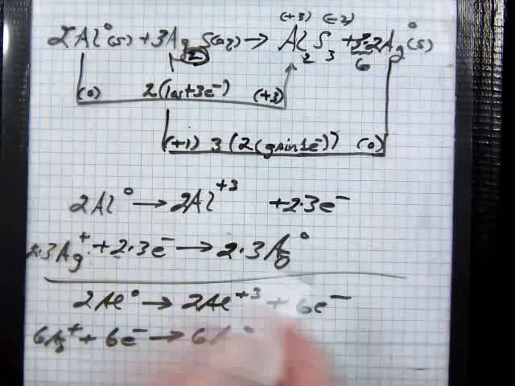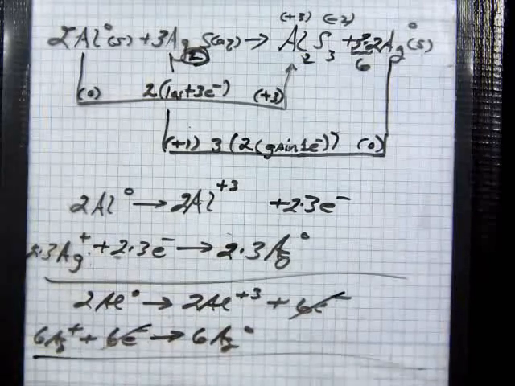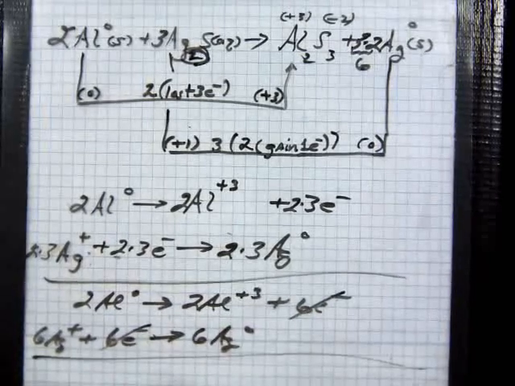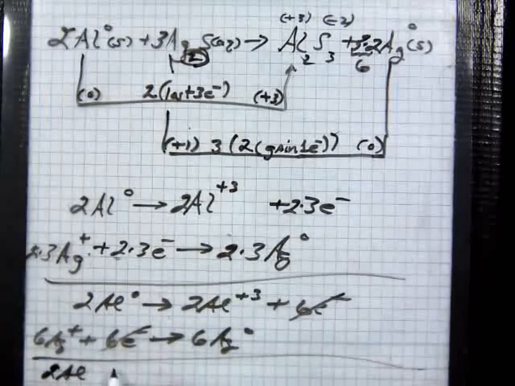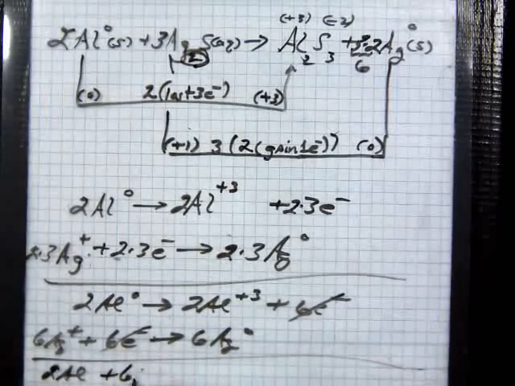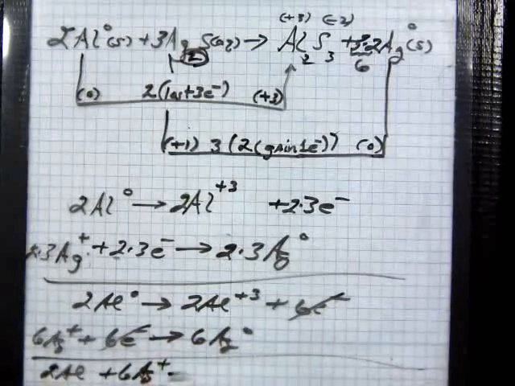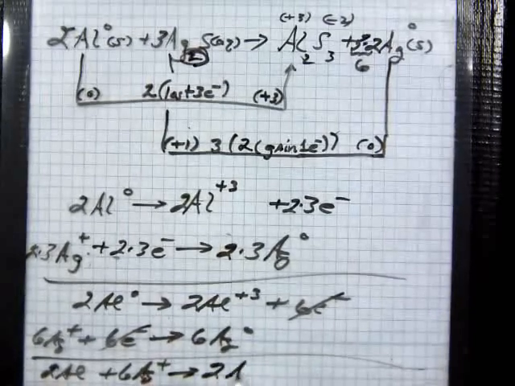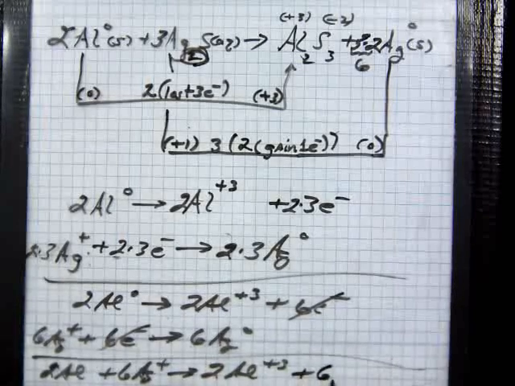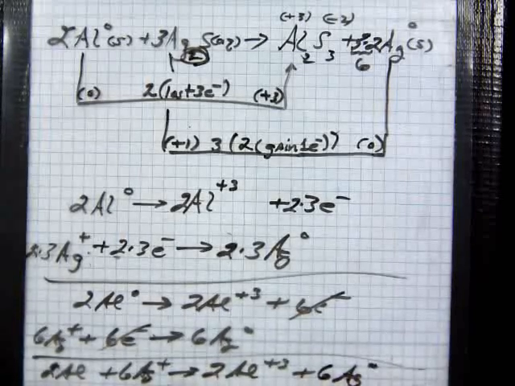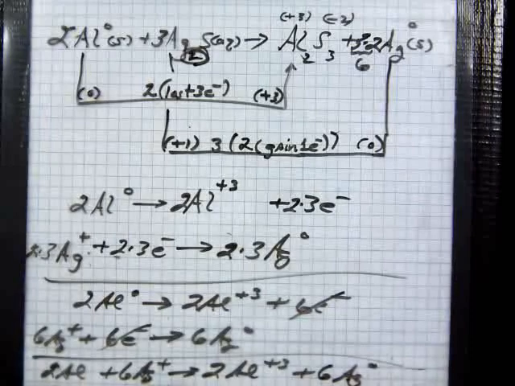And you can add those together now, because you can cancel it out. We're not even close to the truth of what's going on here. So you got a couple of aluminums plus 6 silver ions going to 2 aluminum ions plus 6 silver elements falling out. Yeah, it's a handful. Well, we'll keep doing it.